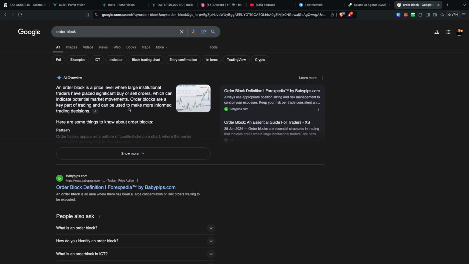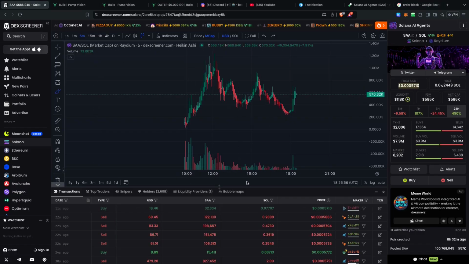Order blocks are a key part of trading and can be used to make informed trading decisions. So when I highlight these order blocks, I am looking at potential areas where there was a lot of supply and demand, and where there was a lot of meaningful trading action.